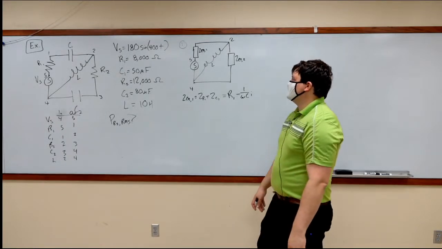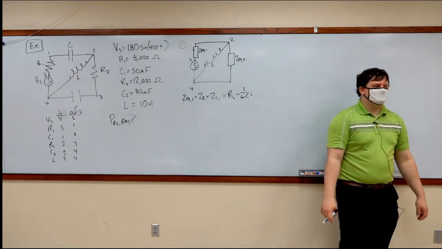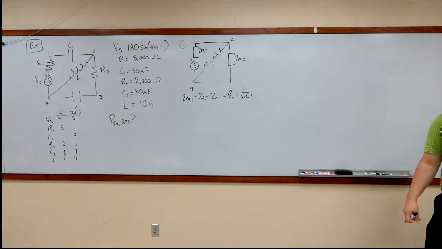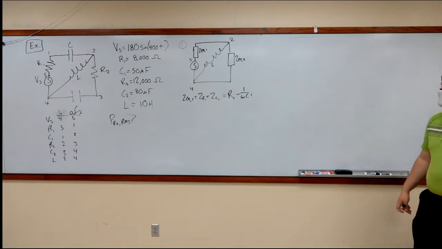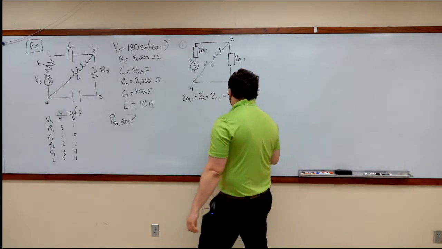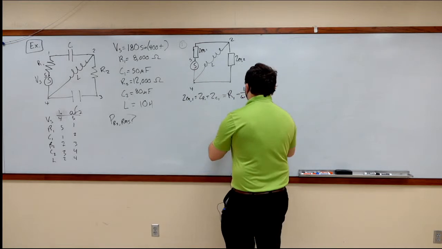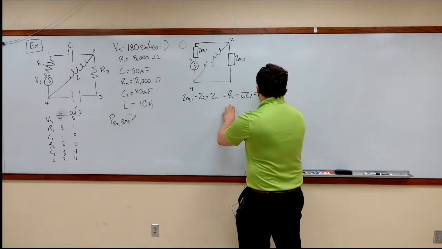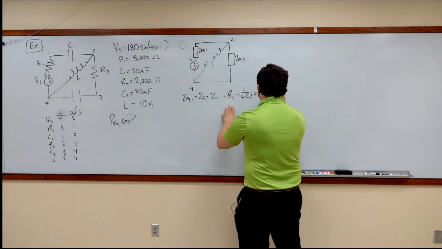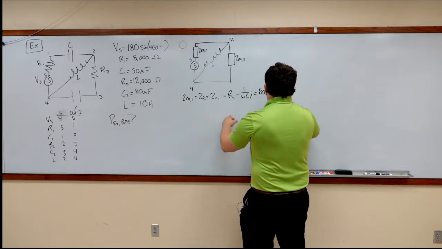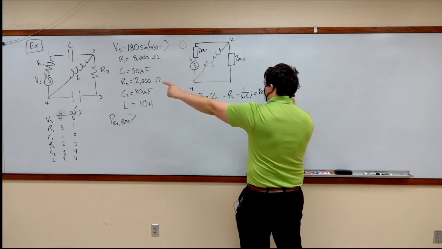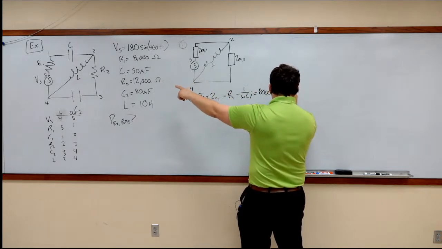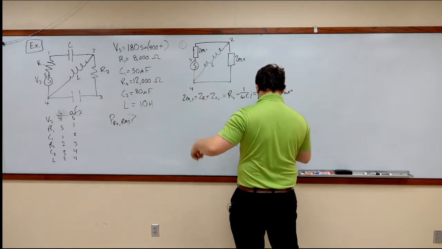Okay, what is omega? Did I give you omega? It's 400. So, all we have to do is plug in R1 is equal to 8,000 minus 1 over omega, which is 400, C1 is 50 times 10 to the negative 6.